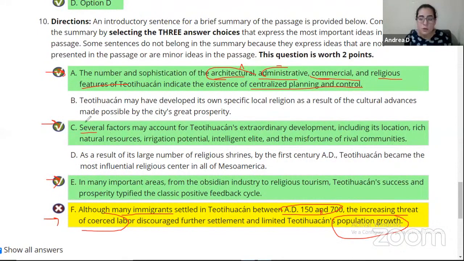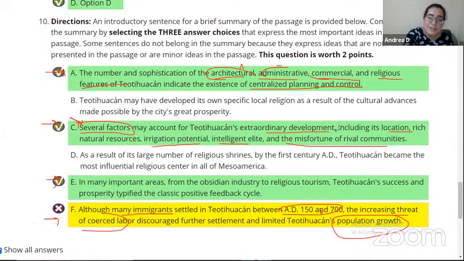If we look at C, the same thing. Look at this: several factors may account for Teotihuacan's extraordinary development, including its location, natural resources, irrigation, intelligent elite, and the misfortune of rival communities. You see how they're mentioning several factors, just a few of them, including but not excluding.